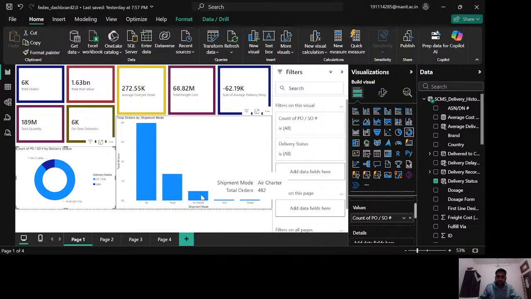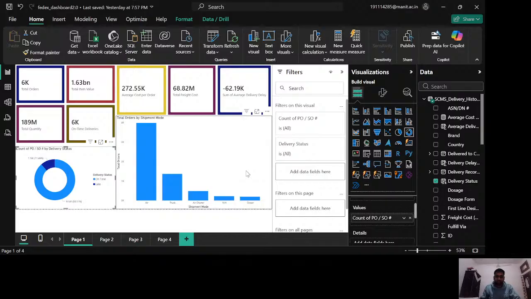Then we have air charter, through which we have 482 orders, and the not allowed option, through which we have only 220 orders, and through ocean mode we have 194 orders.